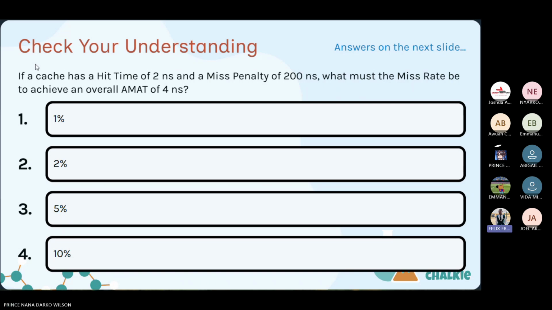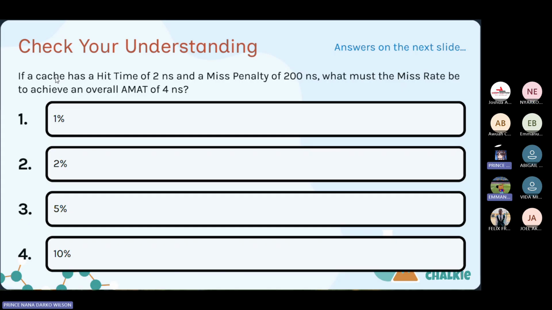I had option 1%. Okay. So he has computed his miss rate to be 1%. Excellent. Come again. I also had 1%.